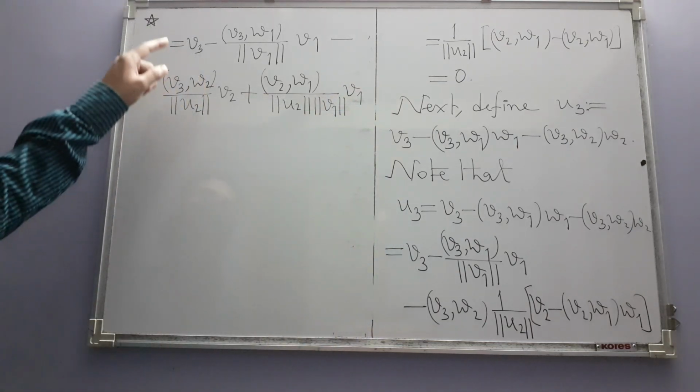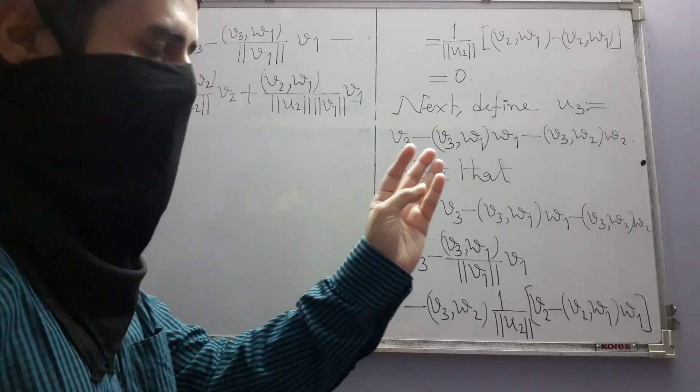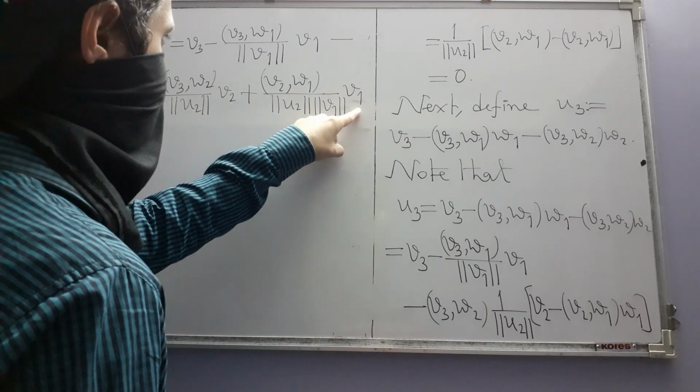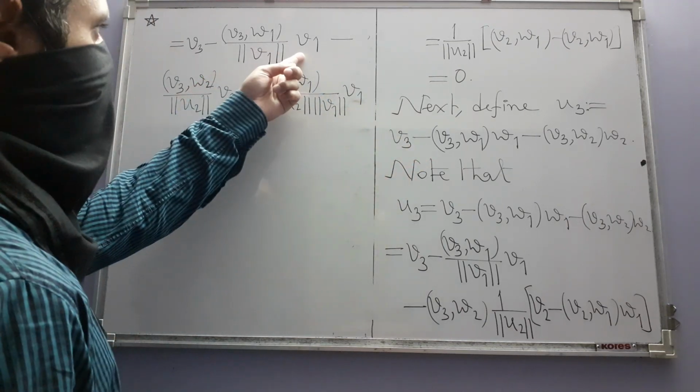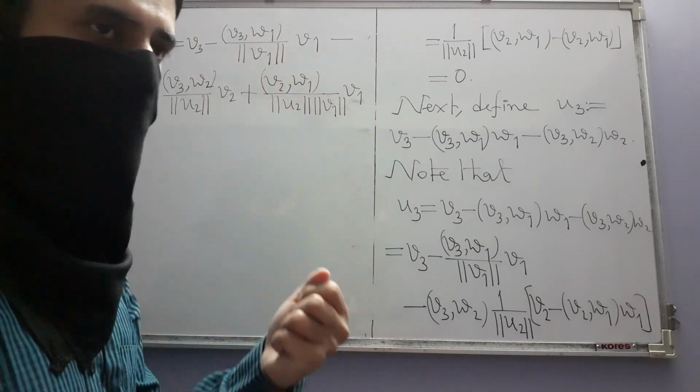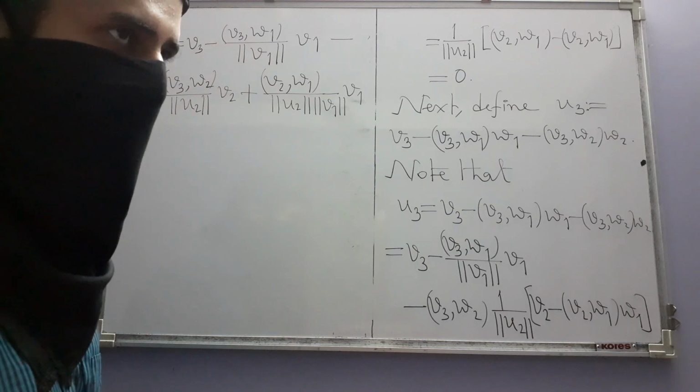So you can see that now you are looking at a linear combination of V1, V2 and V3. You have V1 here, one term which is a multiple of V1. Another term here, if you want you can write these two things together, which I won't do. And you have a V2 term here, you have a V3 term here.